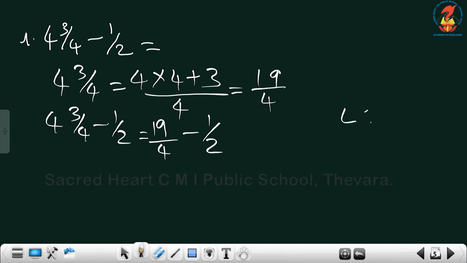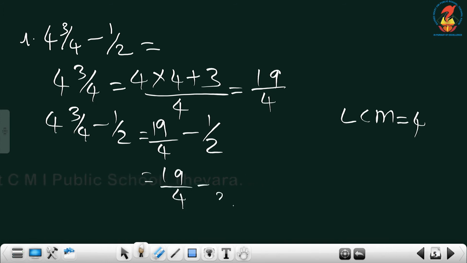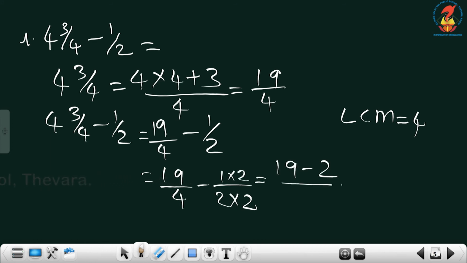LCM of 4 and 2 is what? 4 only, right? So 19 by 4 minus 1 into 2 over 2 into 2. That is 19 minus 2 divided by 4. That is what only? 17 by 4.